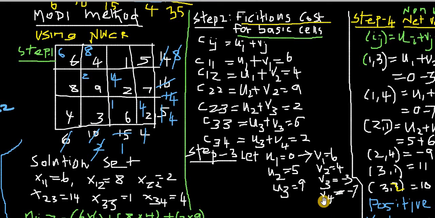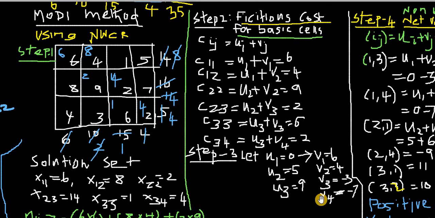So this way we can calculate all the Ui's and Vj's. Why do we find these? To calculate net values, these values are needed. That's why, by setting U1 equal to 0, we are finding out the other values: U2, U3, V1, V2, V3 and V4.